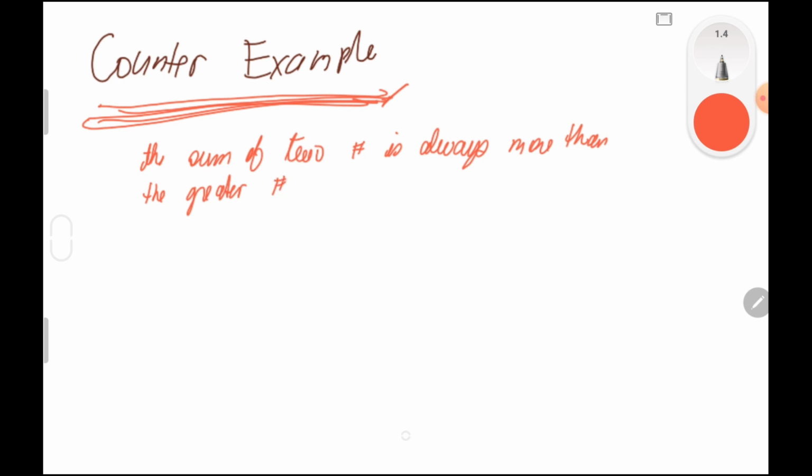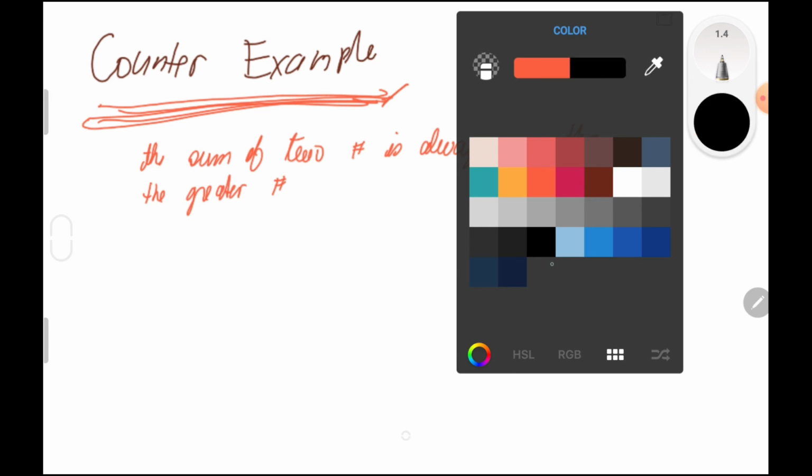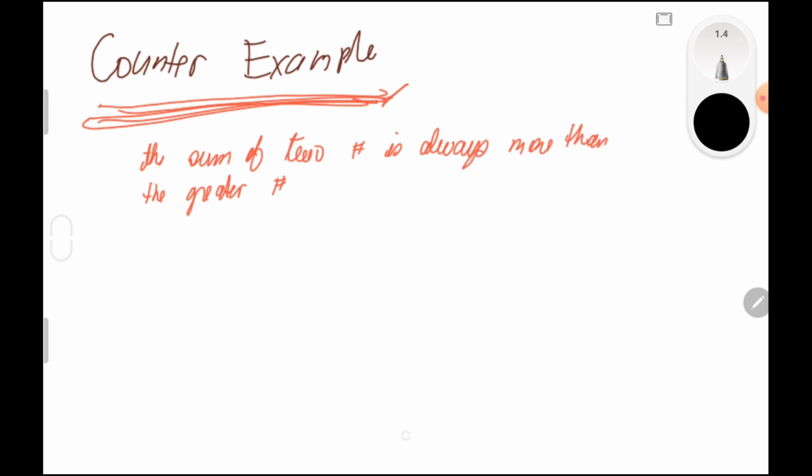Okay. So take note that how would you penetrate this conjecture?